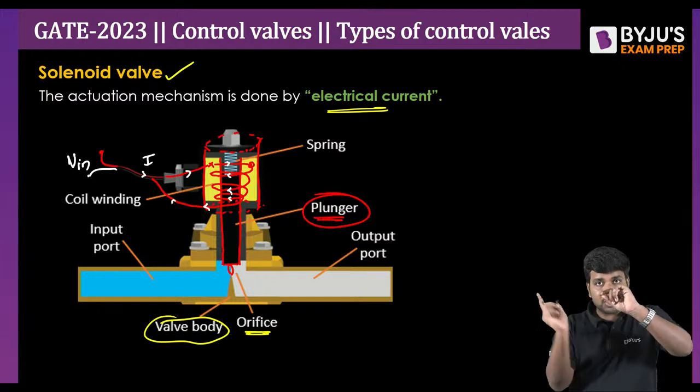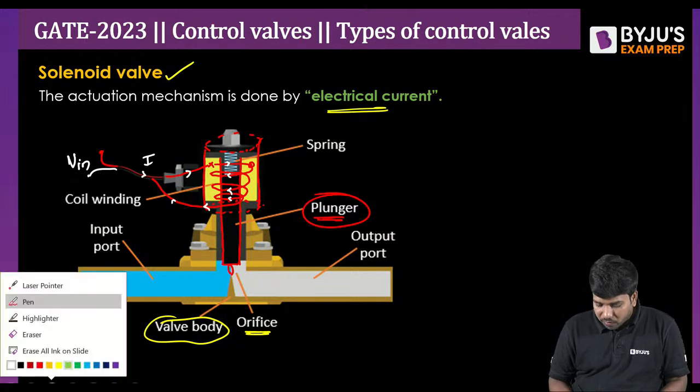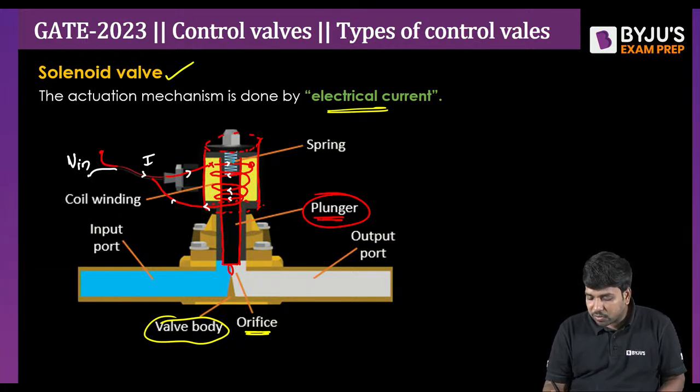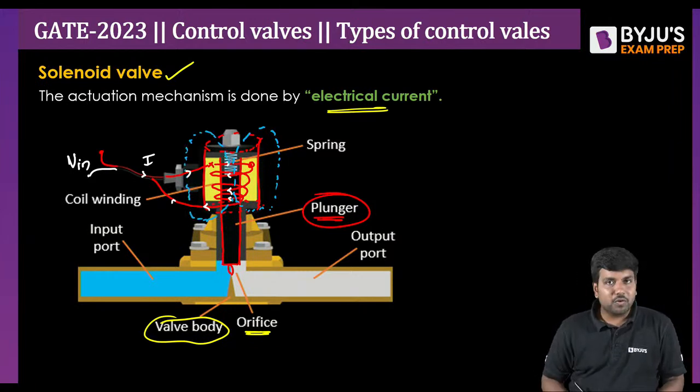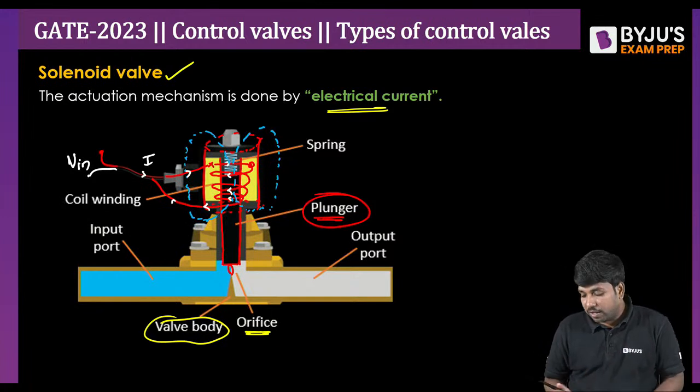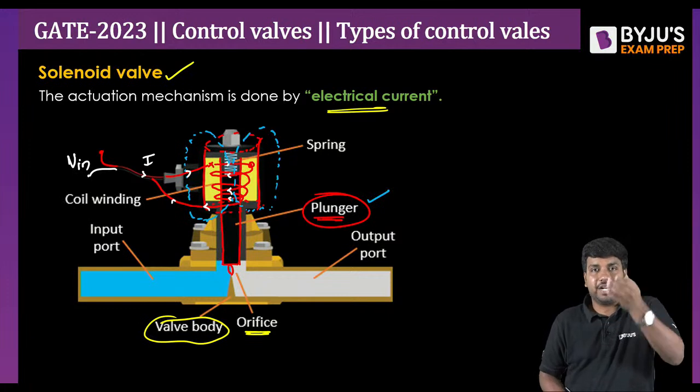So when the current is traveling through the coil all the way, undoubtedly a huge amount of magnetic flux will be developed inside the coil like this. Now when the huge amount of magnetic flux is developed inside the coil, what is going to happen? The magnetic material which we have named as a plunger will move in the upward direction, right?